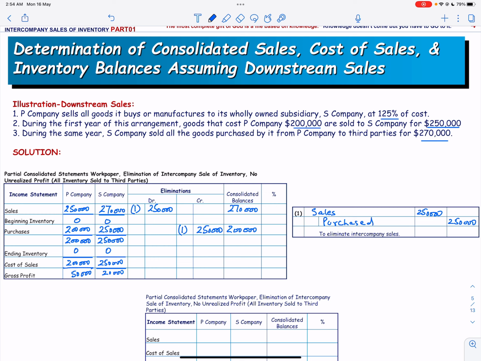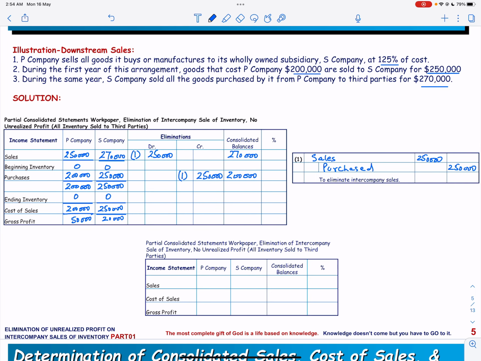If the intercompany sales were not eliminated, the gross profit would be: sales for P company is 250,000, the sales for S company is 270,000, so that makes 520,000. Then the cost of sales for P company is 200,000, for S company it is 250,000, and the consolidated balance for cost of sales will be 450,000.